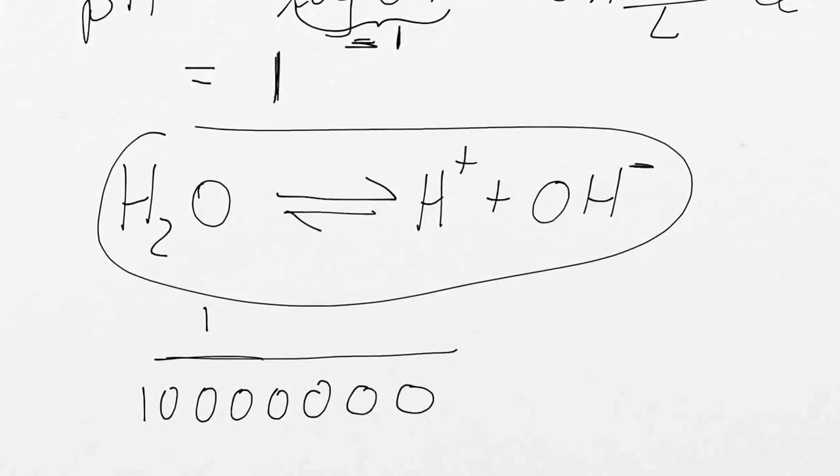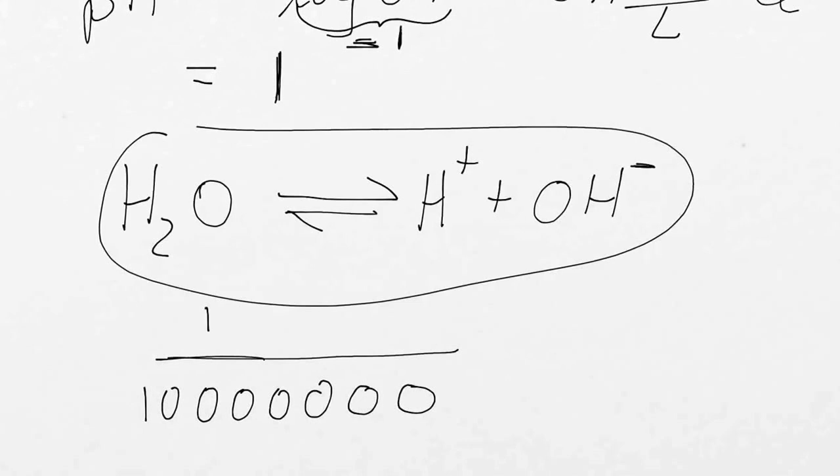So if I have water here, what is the proton concentration? If I've got a pot of pure water, what is the proton concentration? Hello, good morning. What do you reckon?